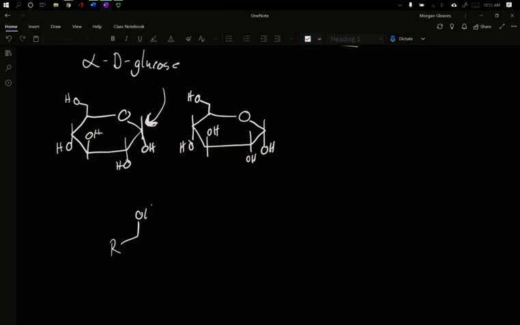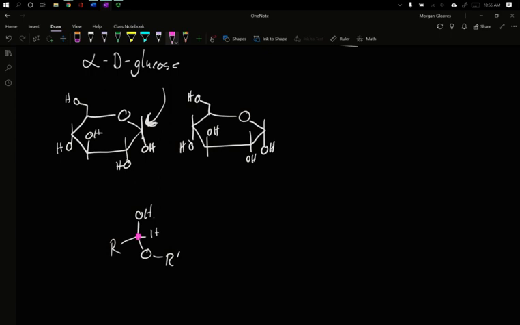So if we think about our hemiacetals, how did we know what a hemiacetal was? Well, if you have a carbon, and that carbon has an OH and is part of an ether, that was our way of identifying that it was a hemiacetal, or a hemiketal, depending on if there's a hydrogen or a second R group on that carbon.